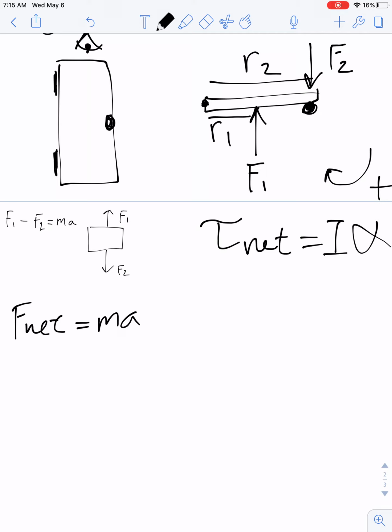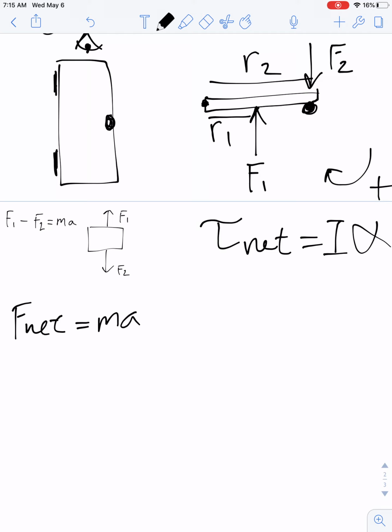So this is, again, very similar to the concept of net force. So a big heavy door will open more slowly than a light door. Or a door that's pushed on really firmly with a large torque will open more rapidly than a door that is just pushed on lightly. So that's what this equation says. Net torque equals inertia times angular acceleration.